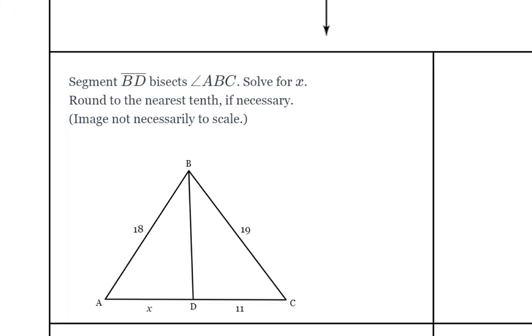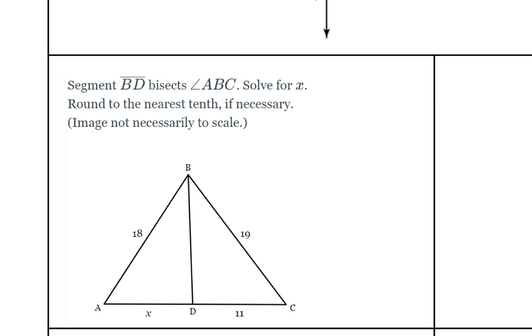Okay, so on this one, let's check out this example. Let's go and label this one number 1, and we can go ahead and highlight it with that one color. So it says segment BD bisects angle ABC. So let's draw that in. ABC gets bisected, so we can say that angle is congruent with that angle.